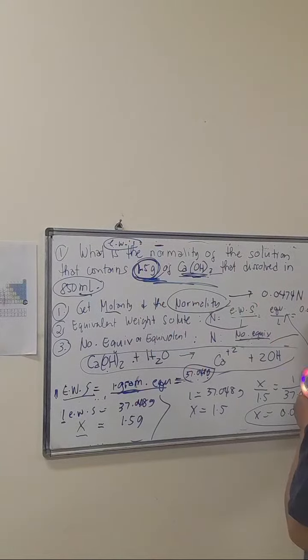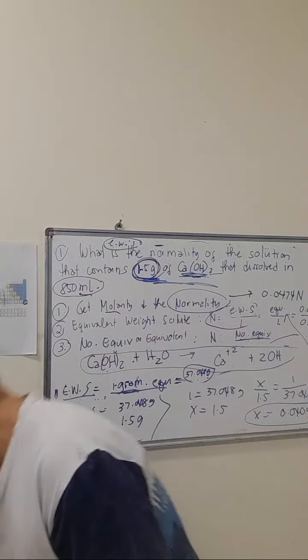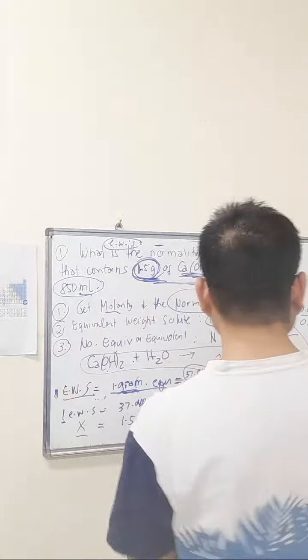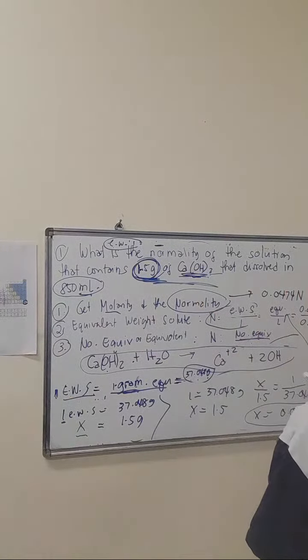So, equivalent, liter of solution is 0.850. Be sure that in version number 2, we can obtain the same answer as in version number 1, which is 0.0474, or else we are in error. Check. 0.040 divided by 0.850, so the answer will be 0.475.